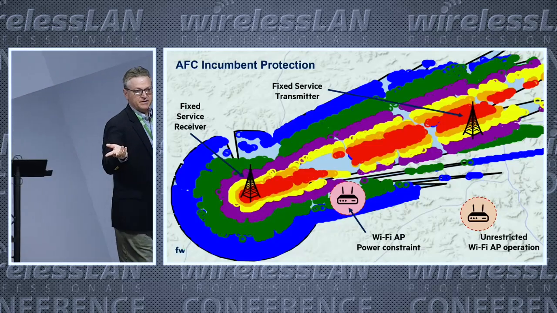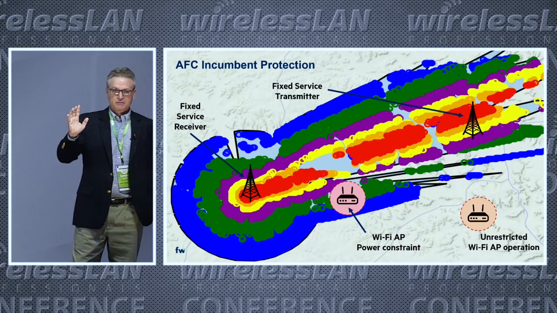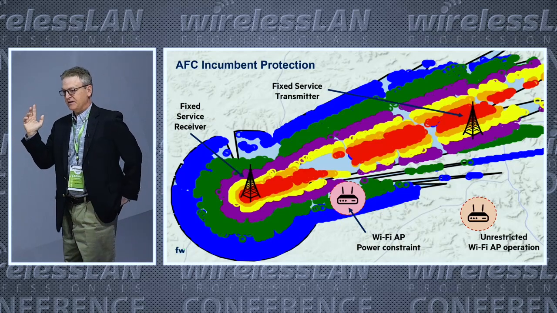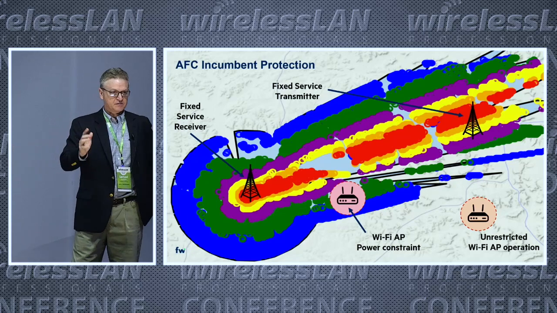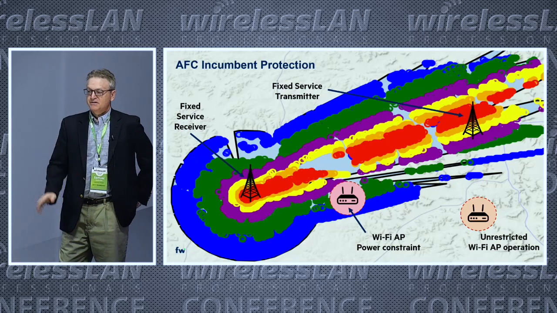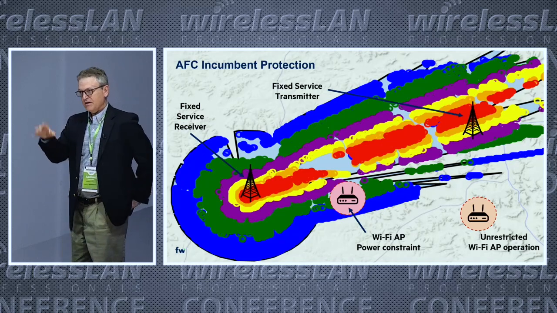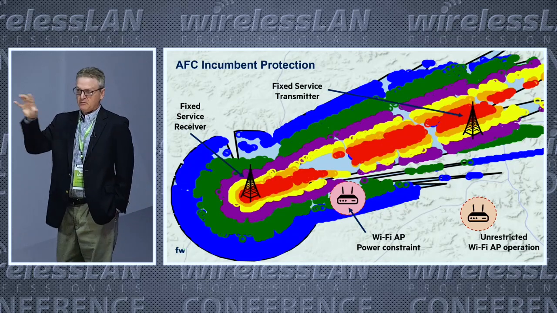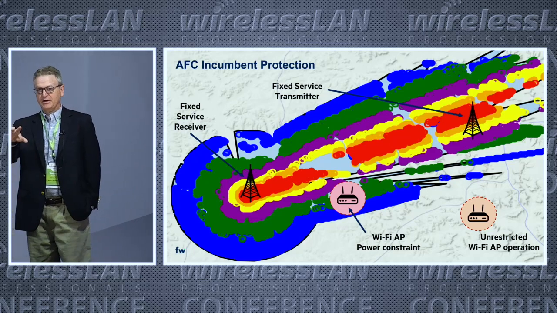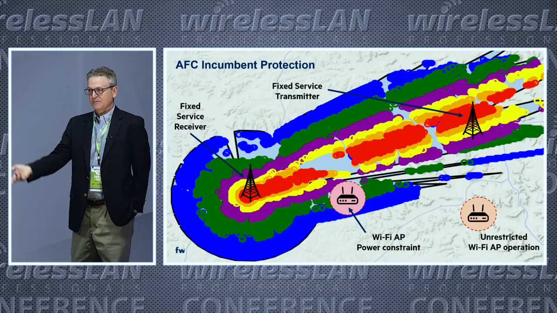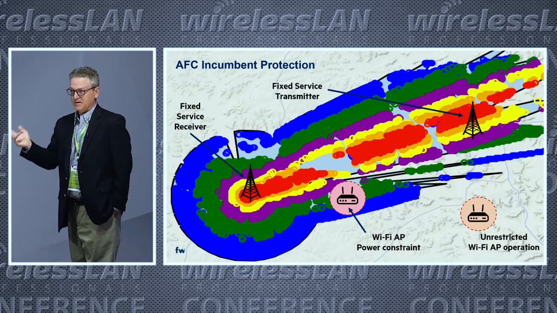So in effect, what the AFC does is compute a protection contour around each of the incumbent receivers, the fixed service receivers. So if an access point is outside of that protection contour, then this particular incumbent won't constrain its spectrum availability. But if it's inside, then depending on its location, it'll be constrained by a certain amount in its power.